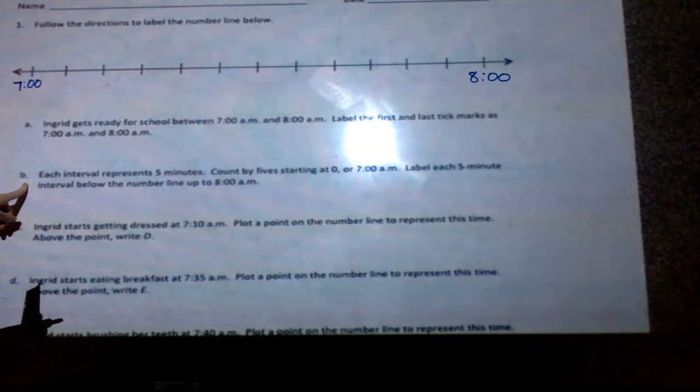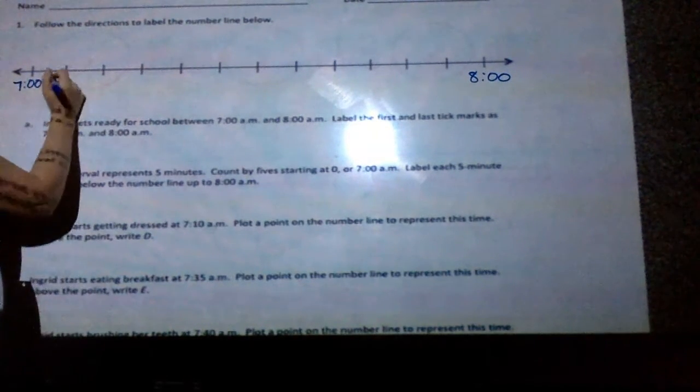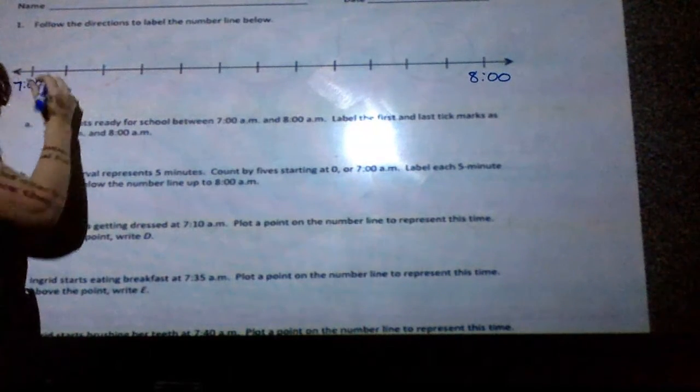Count by 5 starting at 0 or 7 o'clock. Label each 5-minute interval below the number line up to 8 o'clock. Okay, so you're going to have to write really small.